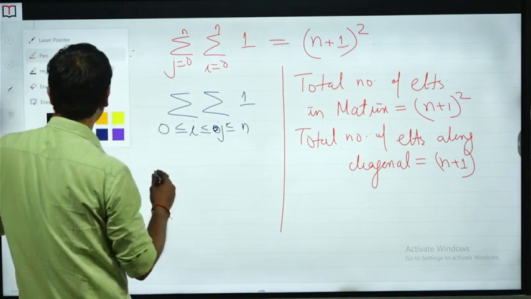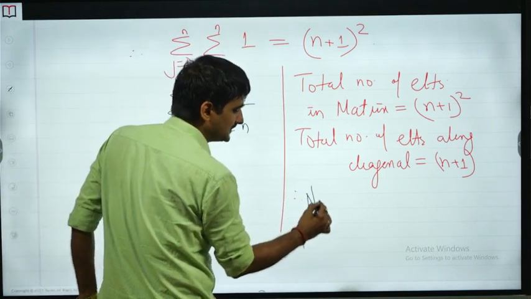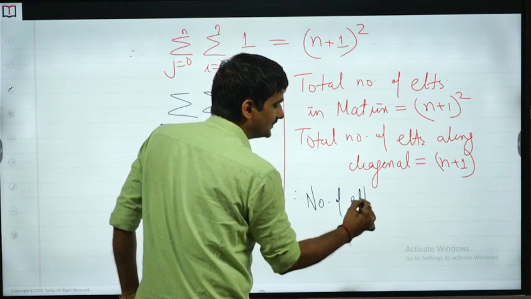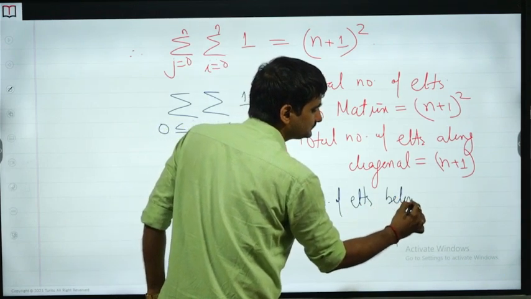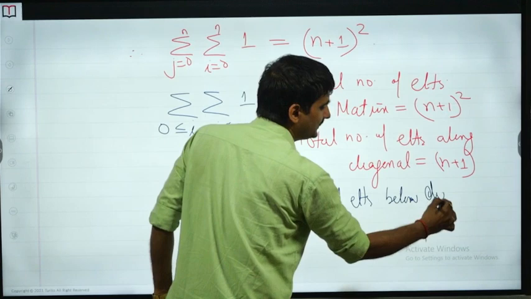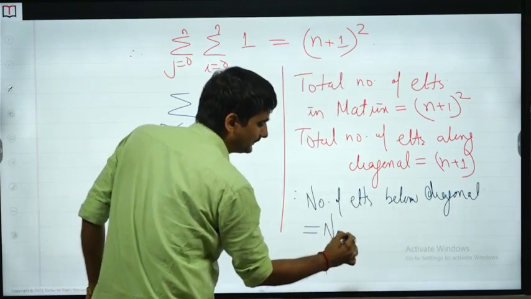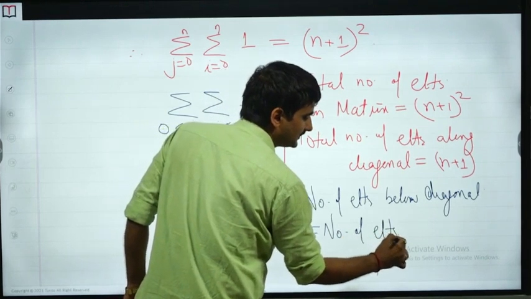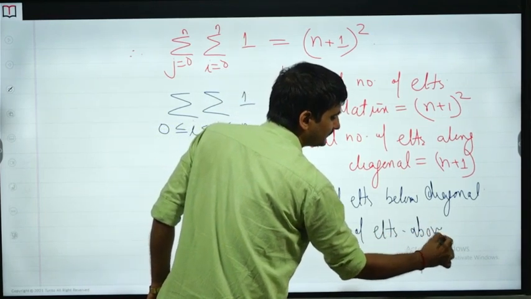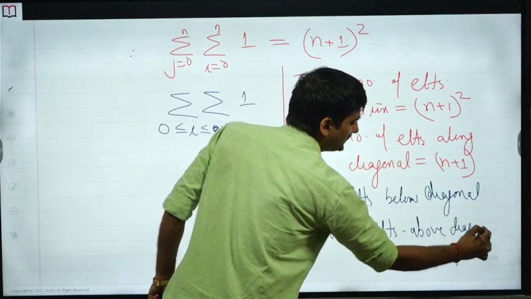So therefore, the number of elements below the diagonal, how many will they be? It is equal to the number of elements above the diagonal, isn't that so? It's a square matrix, bachcho. And how many will they be?